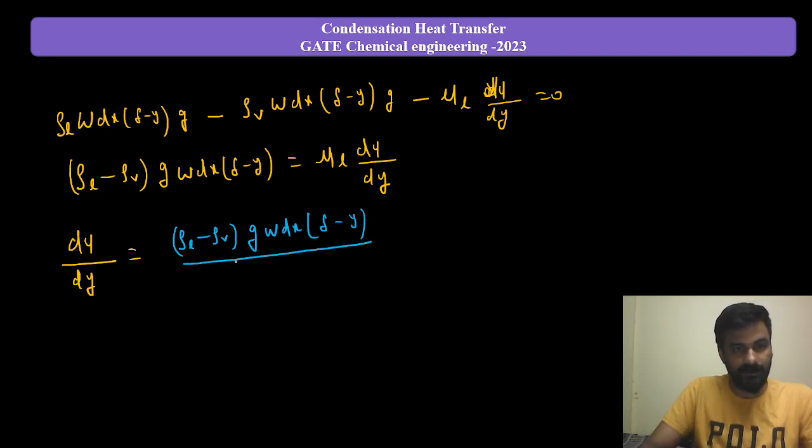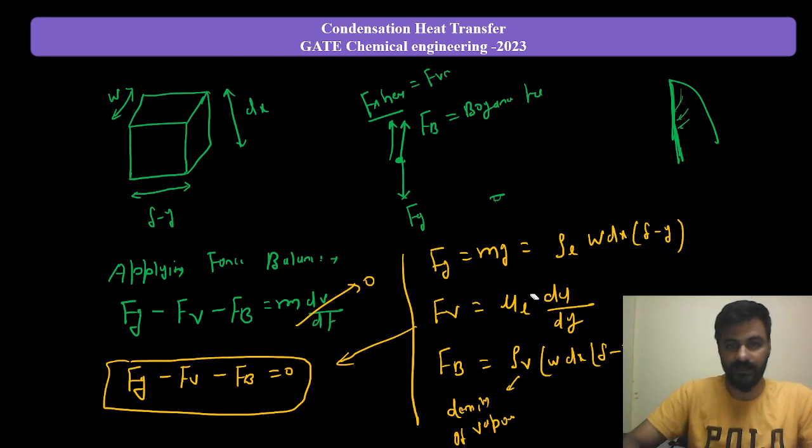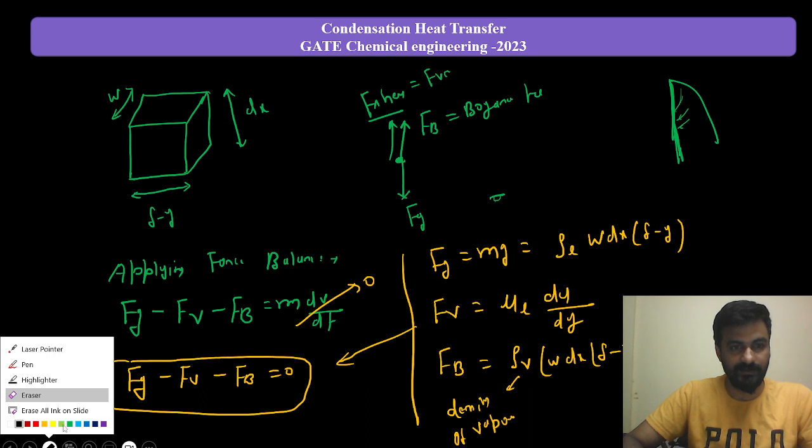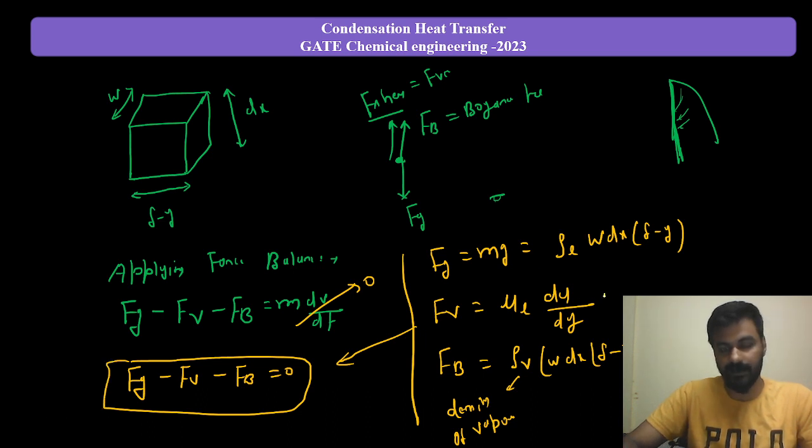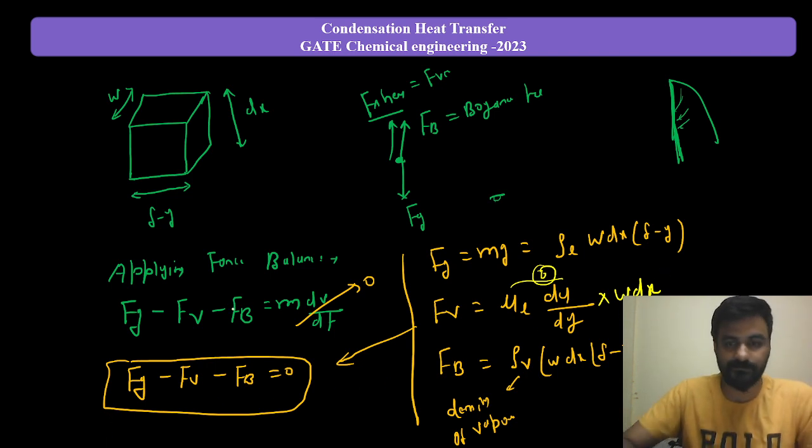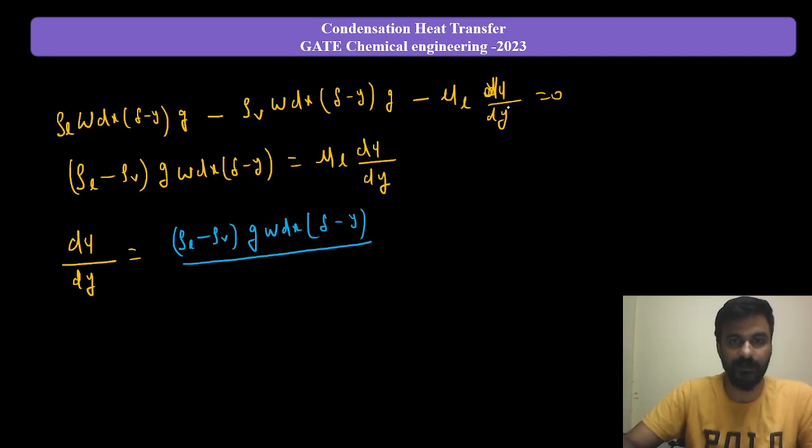I have made one mistake over here, so let me complete that. Viscous force is equal to tau, the shear stress, multiplied by the surface area, so I have to multiply it with W dx.